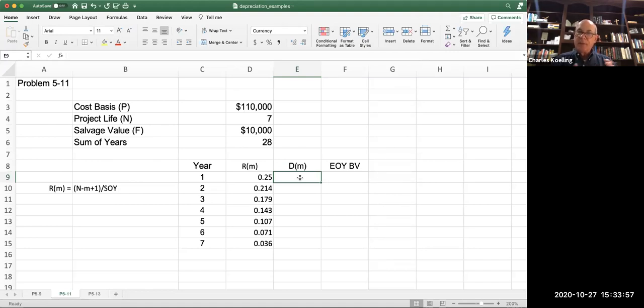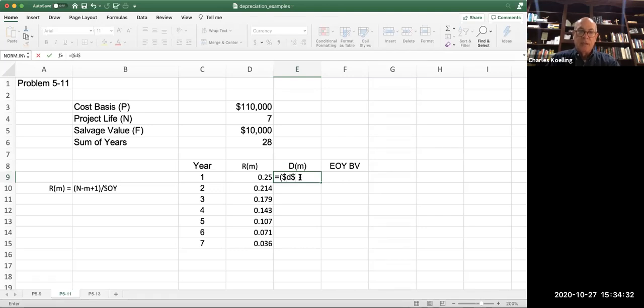And then we take the P minus F and we take it times the depreciation rate, or the percent, for that particular year. In this case, I'm going to go ahead and do P minus F, although we know it's $100,000. Let's formalize this a little bit in case we change them. We might want to solve this for a different set of data, and if we build it this way, I think we'll be able to reuse this spreadsheet.